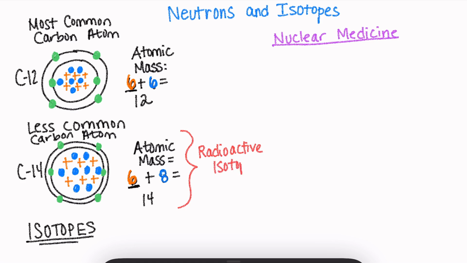And that just means that it is unstable and it's going to rapidly degrade and give off radioactivity. Whereas carbon 12, the one we're more used to, is a very stable isotope and it's not radioactive.